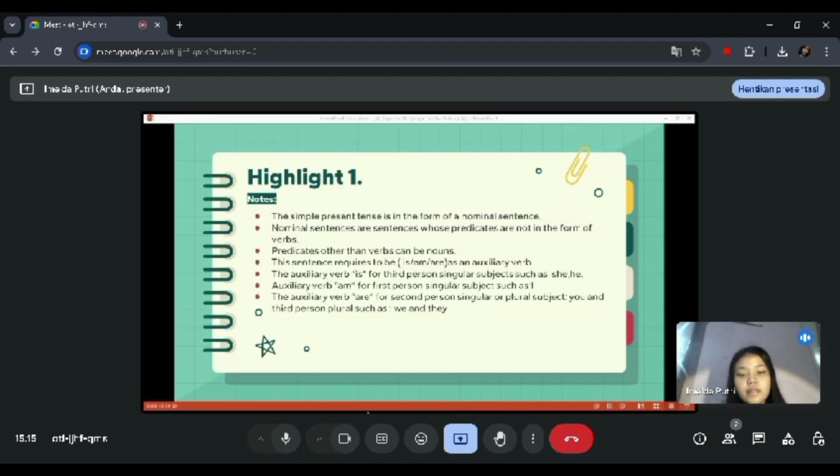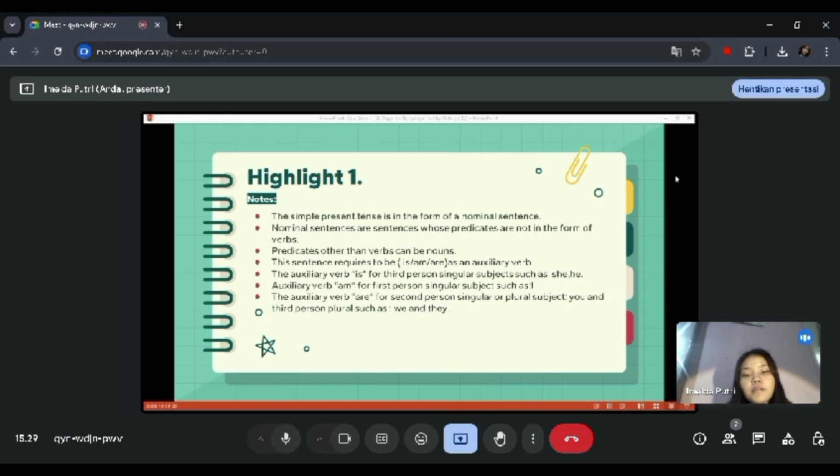Highlight 1. Notes: the simple present tense can be in the form of a nominal sentence. Nominal sentences are sentences whose predicates are not verbs. Predicates other than verbs can be nouns. The sentence requires to be: is, am, are, as an auxiliary verb.